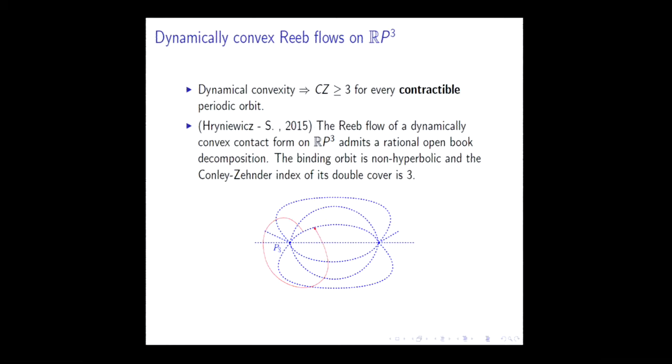So in the case that the Reeb flow on RP3 is dynamically convex, then we can also prove that there exists this open book decomposition with disk-like pages. Each page is a global surface of section.